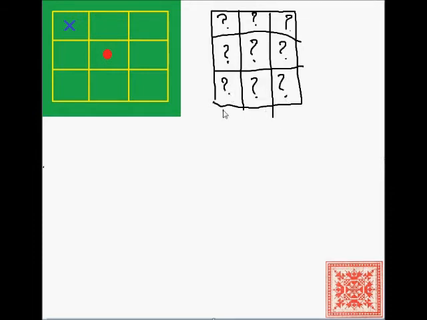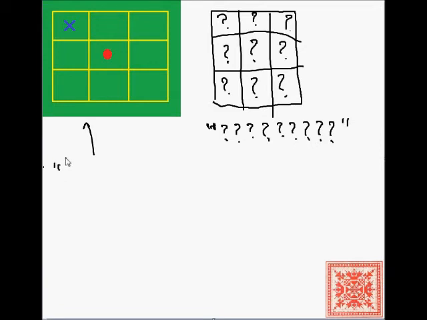So the empty board can be encoded as a string of 9 question marks. The first 3 question marks are the first row, the second 3 are the second row, and the third 3 are the third row.